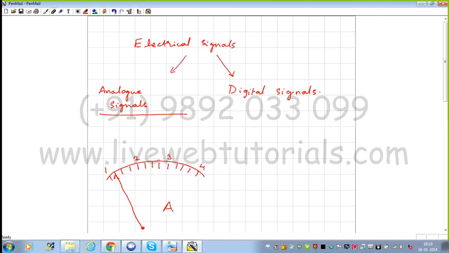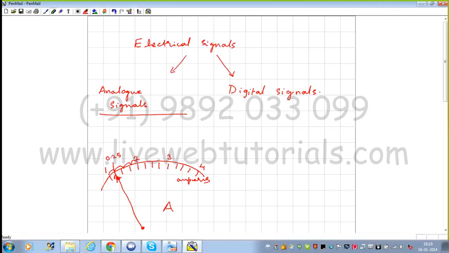Now can you tell me how much is the reading over here? See how many steps are over here? 1, 2, 3, 4. It means each division is how much? 0.25. Correct? So this reading that you are getting is 1.25 amperes.